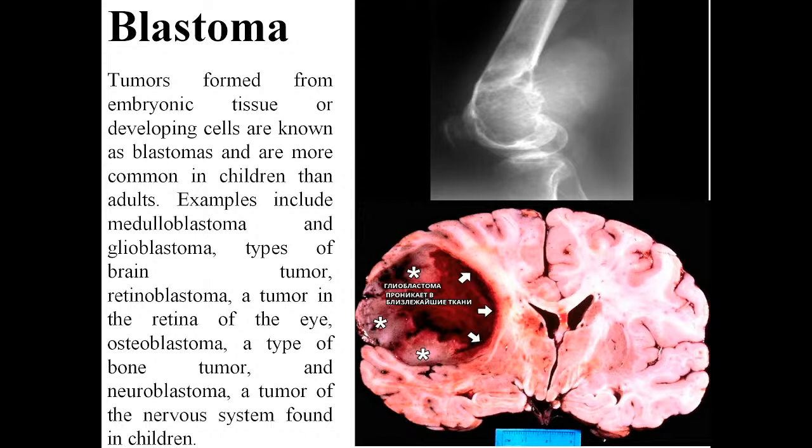Examples include medulloblastoma and glioblastoma, a type of brain tumor, retinoblastoma, a tumor in the retina of the eyes, osteoblastoma, a type of bone tumor, and neuroblastoma, a tumor of the nervous system found in children. In this slide you can see glioblastoma inside the brain, and this blastoma of the bone.